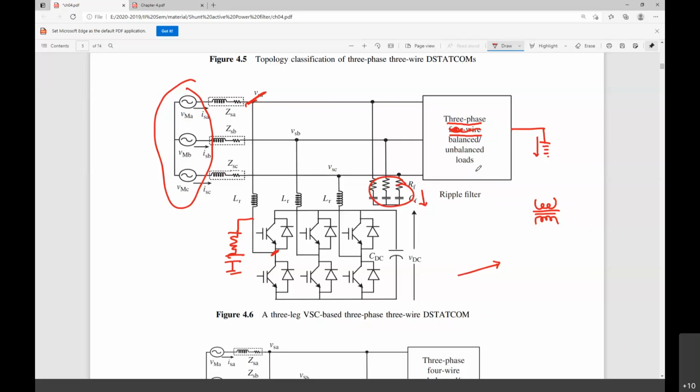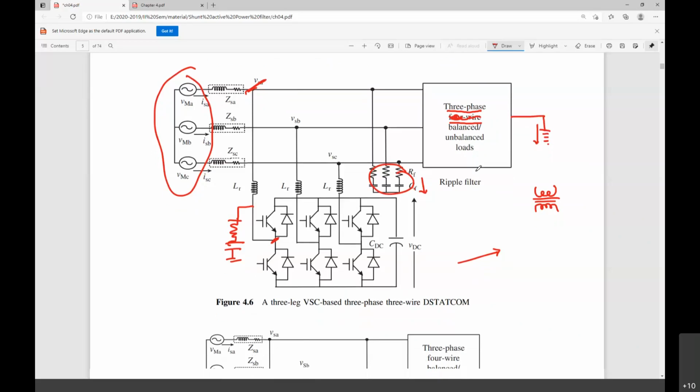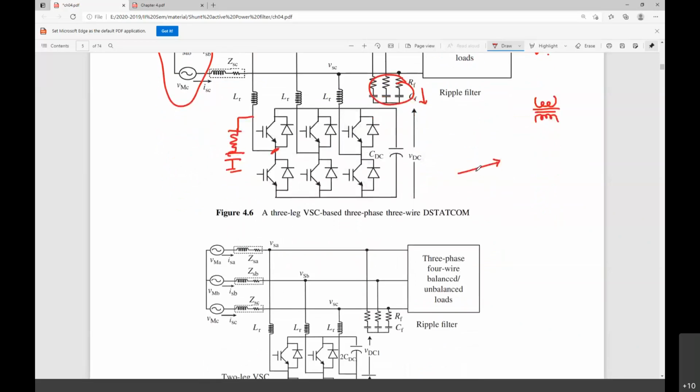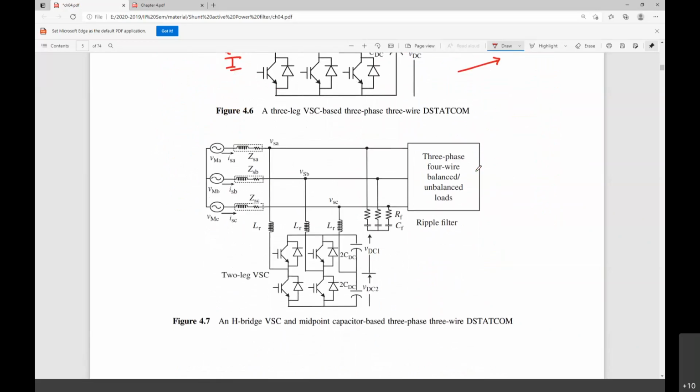Yeah, this is about the topology: a three-phase, three-leg VSC based three-phase three-wire system. This is a topology which is an H-bridge VSC and midpoint capacitor based three-phase three-wire system.